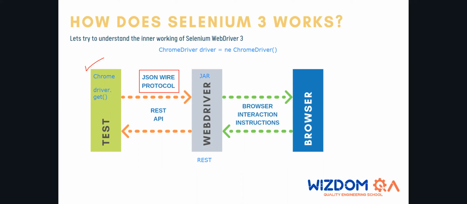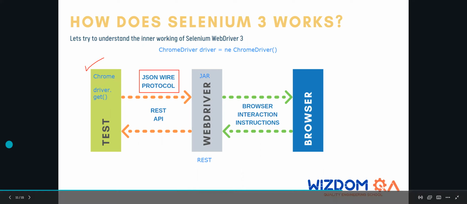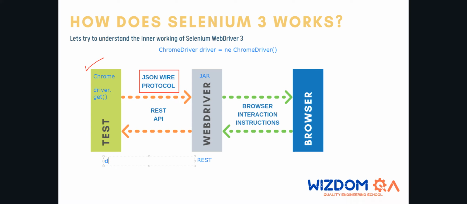Whatever command you are trying to trigger, whether it is driver.get or driver.findElement.click, whatever method or action you are trying to perform, corresponding to this particular action there is going to be a JSON payload, which will be sent to the server.